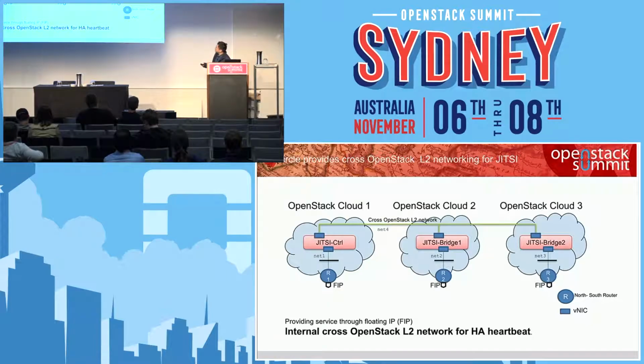If Jitsi control detects through the heartbeat that the Jitsi video bridge is not healthy, then Jitsi control will switch. We will ask the client to re-establish the stream in another healthy bridge.